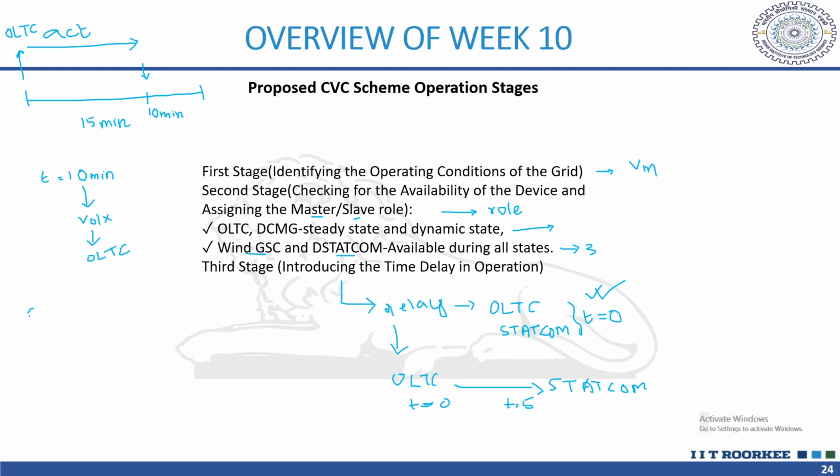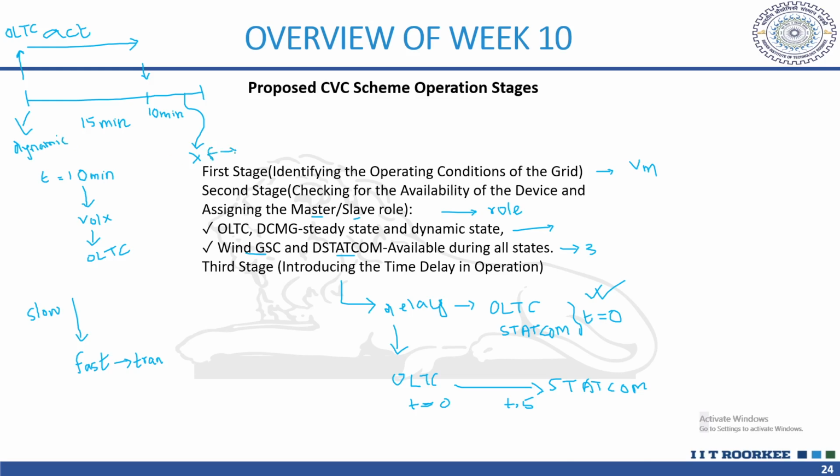So we start with the slowest basically, and then we move to the fast ones, because the fast ones we always want to preserve for transient periods, because let's say in between a fault also took place here. But if we are consuming all our dynamic resources at t equal to 0, then we can't do anything at this fault, right?